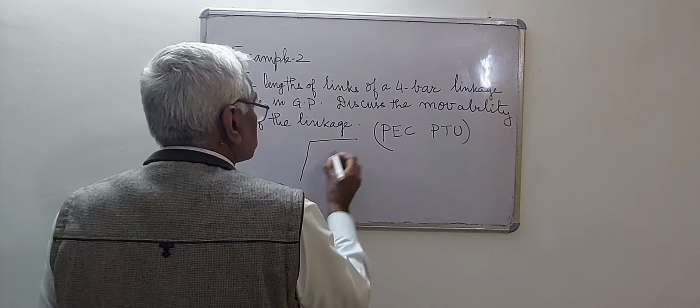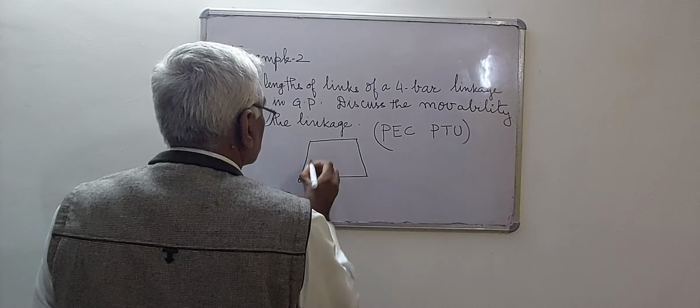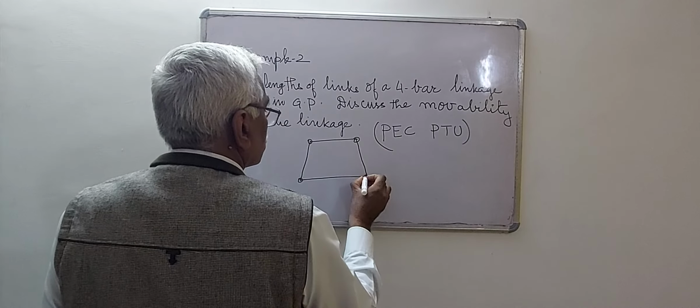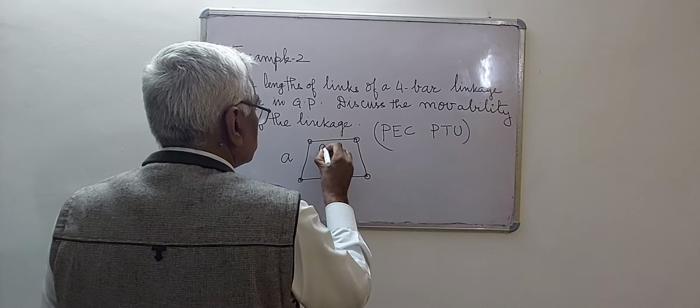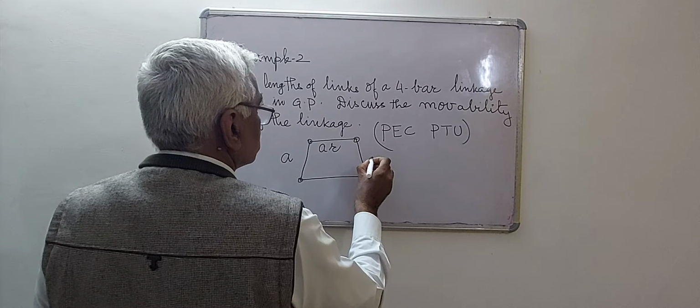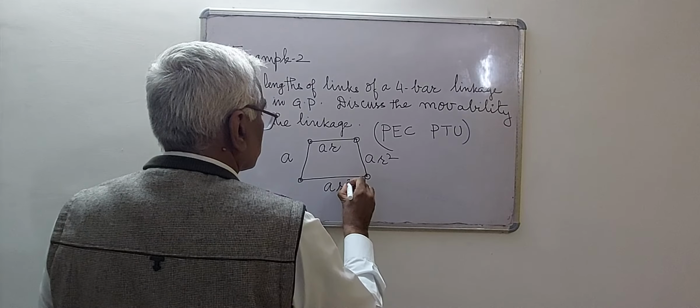Suppose the linkage is like this. One of the arms is A, another arm will be AR, the third will be AR square, and the fourth one AR cube.